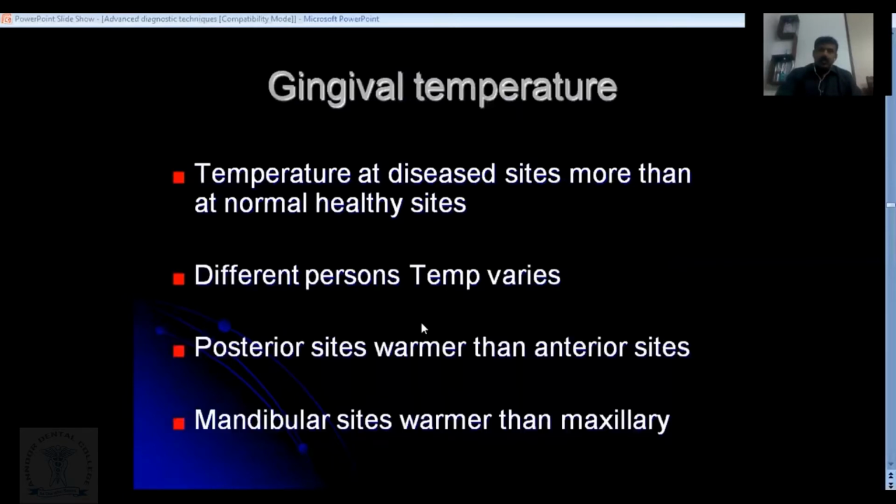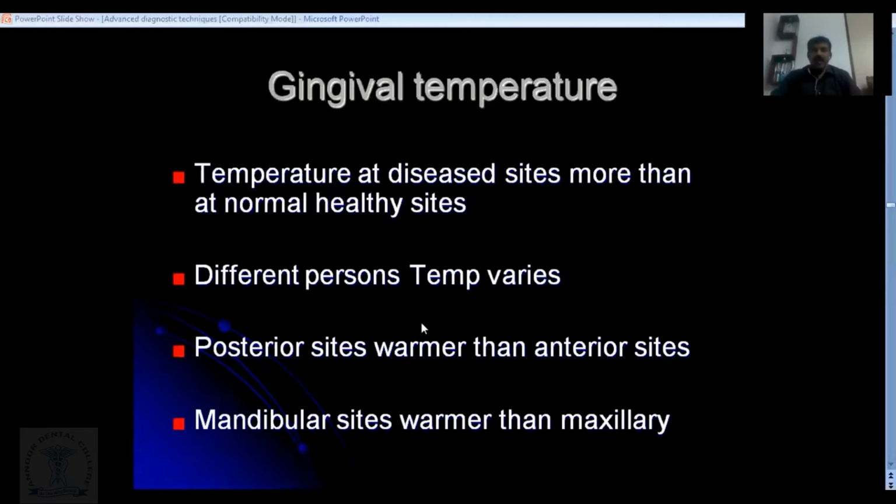Now, when you look at evaluation of gingival temperatures, you should know these points. As I told you before, temperature at disease sites or inflamed sites is more than healthy sites. You should also know that temperature varies between individuals. And even within an individual, the posterior sites are warmer than the anterior sites, and the mandibular sites are warmer than the maxillary sites.